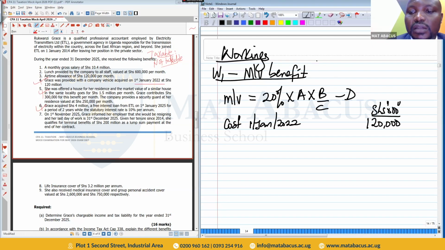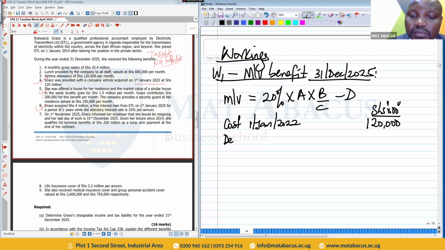But remember, we're getting the motor vehicle benefit for the period ended 31st December 2025, meaning that we need to get the value of A, which is the carrying value of the vehicle on the date it was first provided to the employee, which will be 1st January 2025.